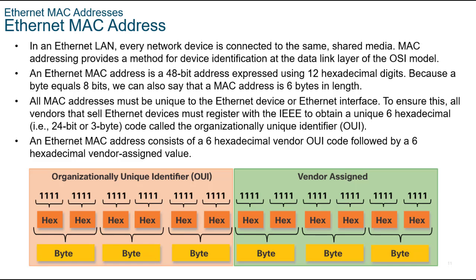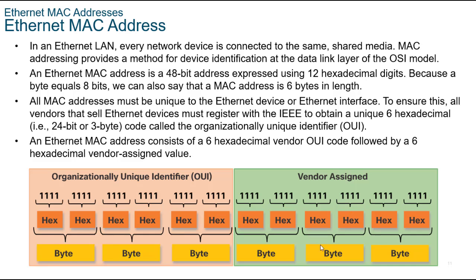For example, the IEEE assigned Cisco the OUI of 00602F. So when addressing a new device or interface, 00602F would be the first 6 values that Cisco would configure on the device.